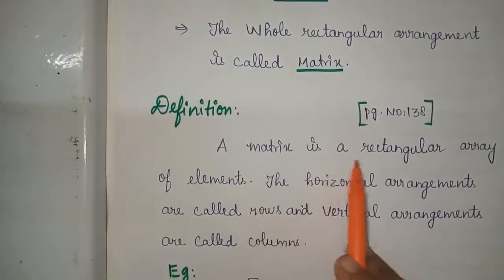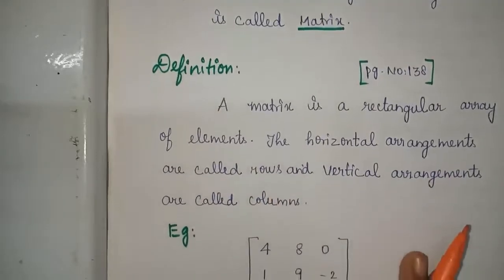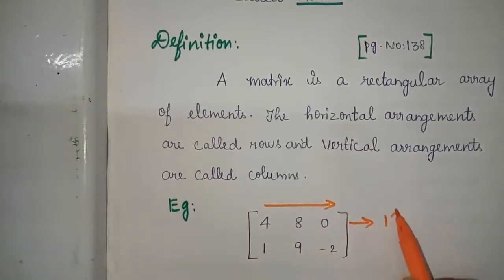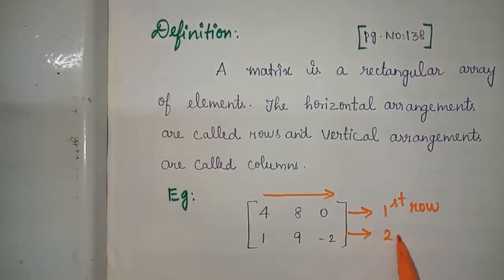A matrix is a rectangular array of elements. The horizontal arrangements are called rows and vertical arrangements are called columns. For example, this is a rectangular arrangement, so this is one example of a matrix. Horizontal means this line, and the horizontal arrangement is called a row. This is the first row and this is the second row.